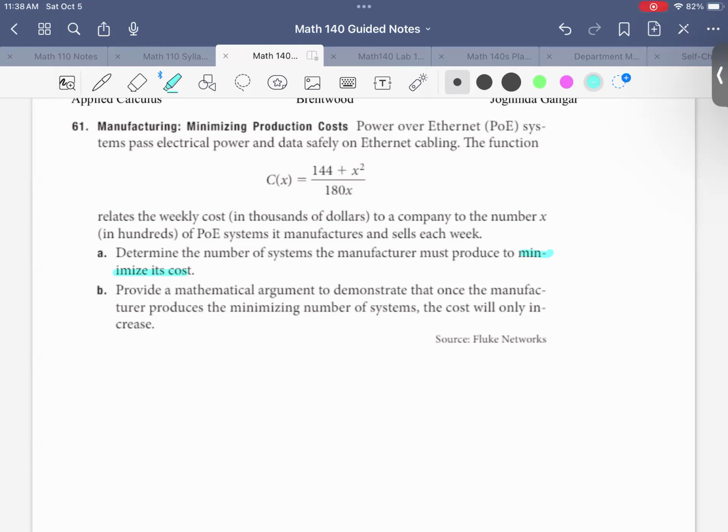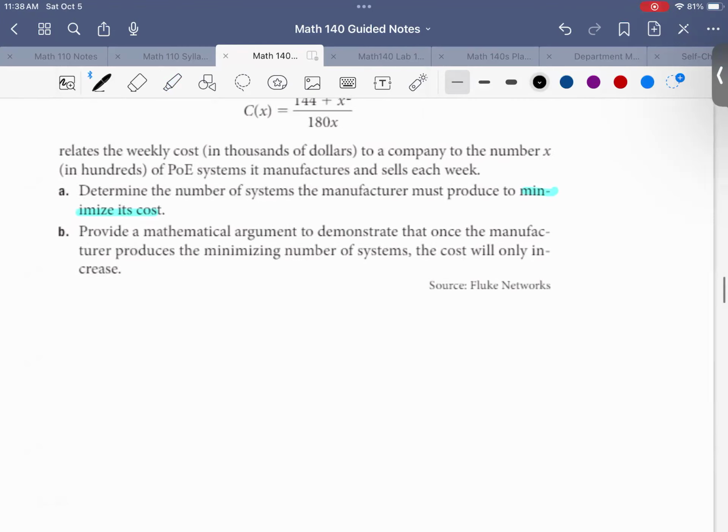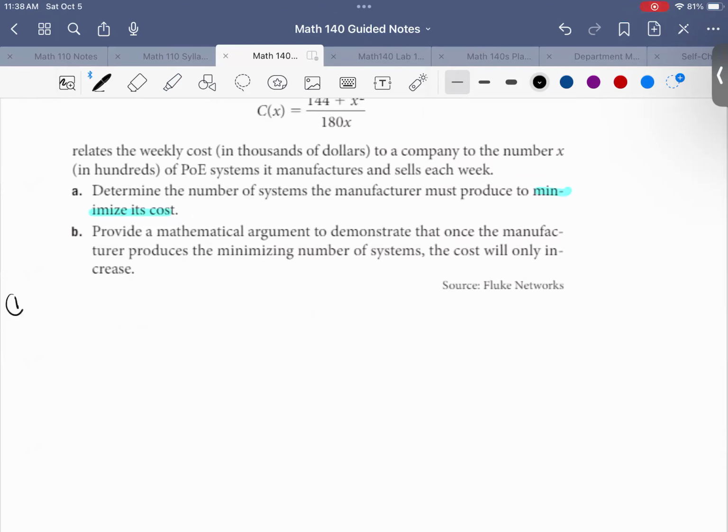The way to do that is what we've been doing so far for 3.1, which is finding our minimum value. Part one is the same thing. We always want to find critical values.